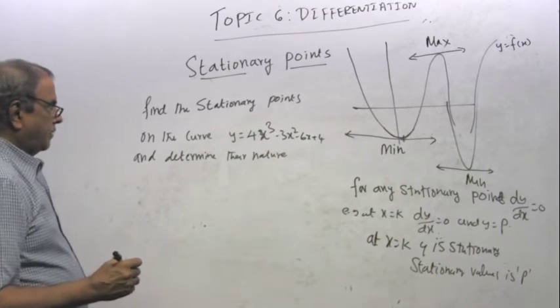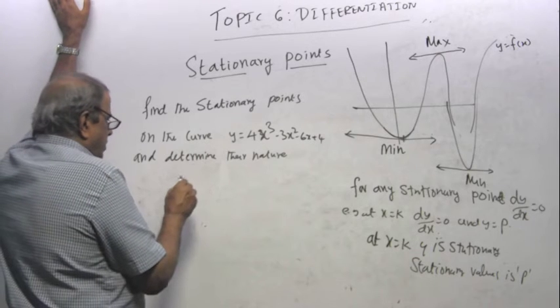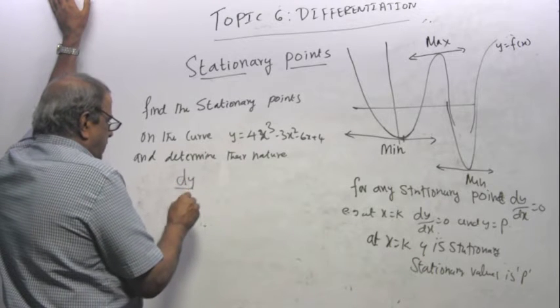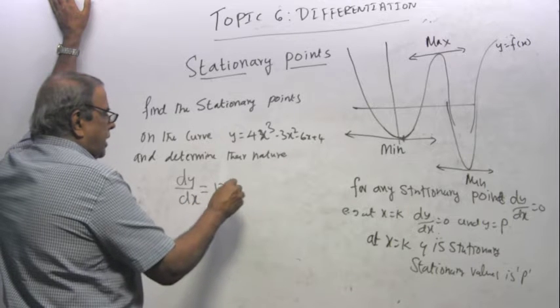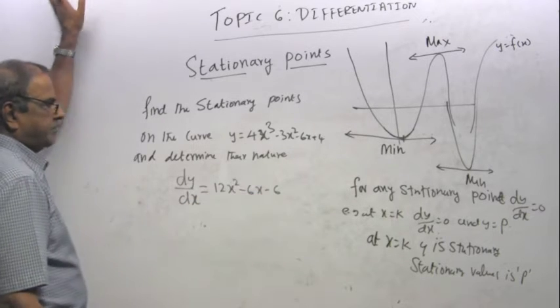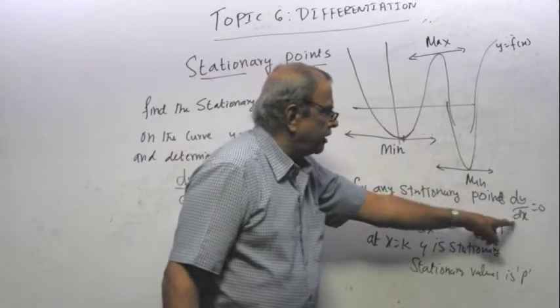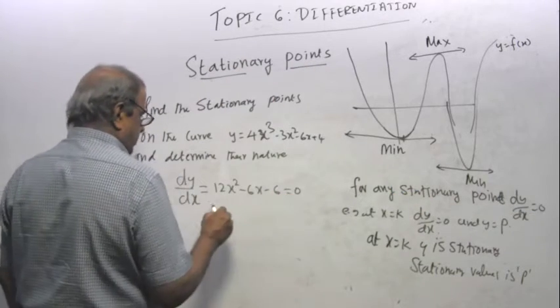Okay. So what we do is find dy by dx, which is 12x squared minus 6x minus 6. dy by dx must be 0, so equate it to 0.